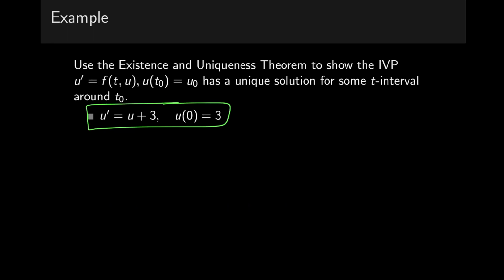All right, so u prime equals u plus 3. Does this fit the description of the theorem? Well, we check two things. We check that f of t and u, right, because this is really of the form u prime equals f of t and u.